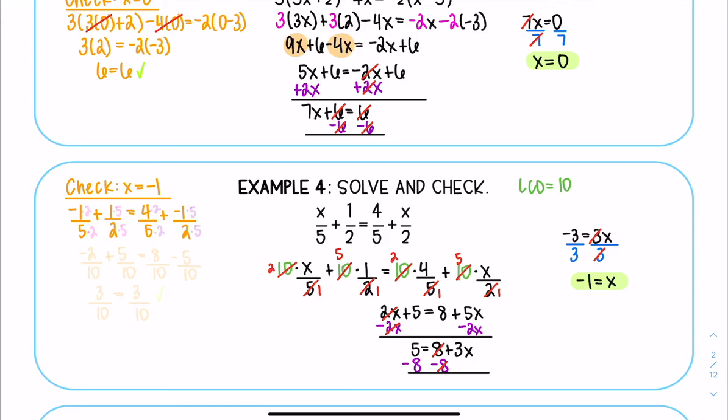So we need to have a common denominator. So we're going to make this first term have a 10 by multiplying by 2. The second term we're going to multiply by 5. And then on the opposite side we're going to do 5 times 2, and then a 2 on the top, and 2 times 5 with a 5 on the top.